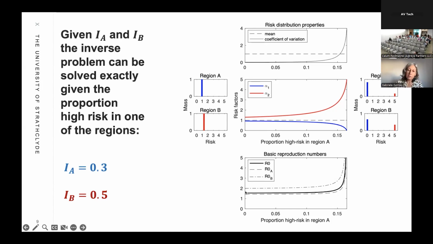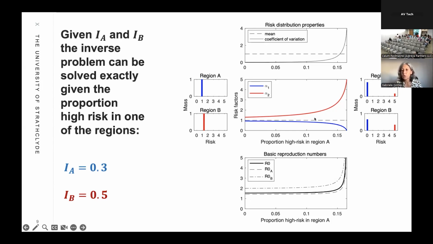So if you had naively used a classical metapopulation model to estimate R0A and R0B for those models, you'd get those values around between 1 and 2 in this case.